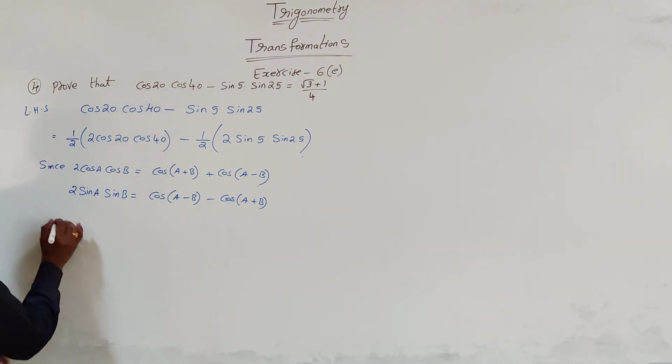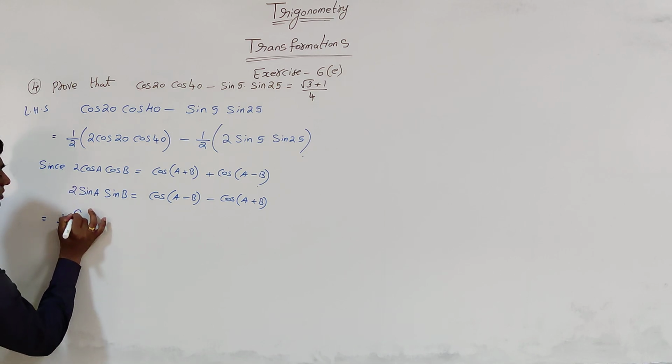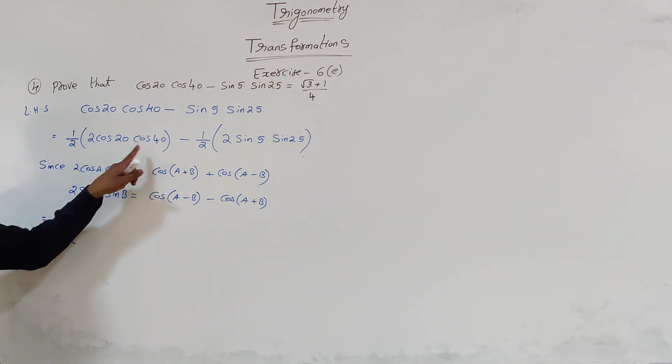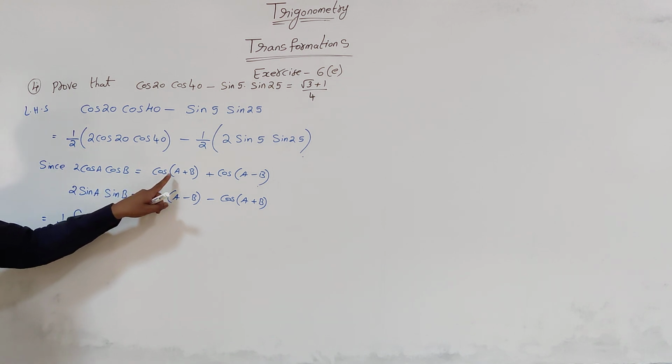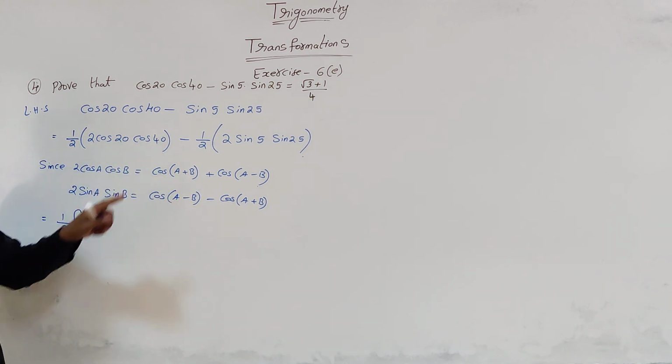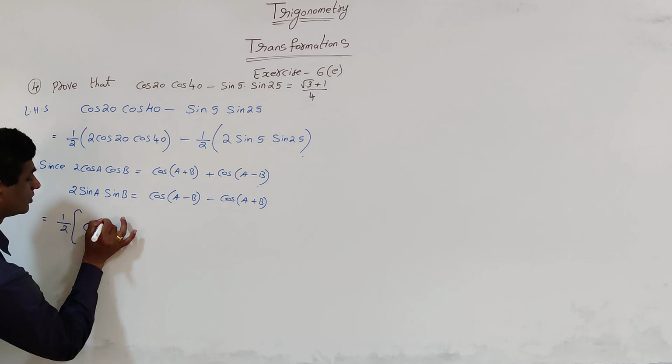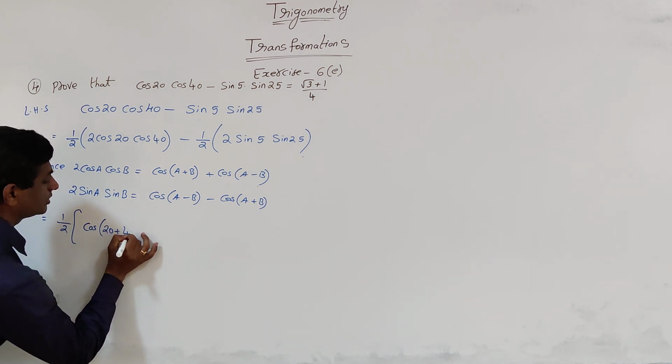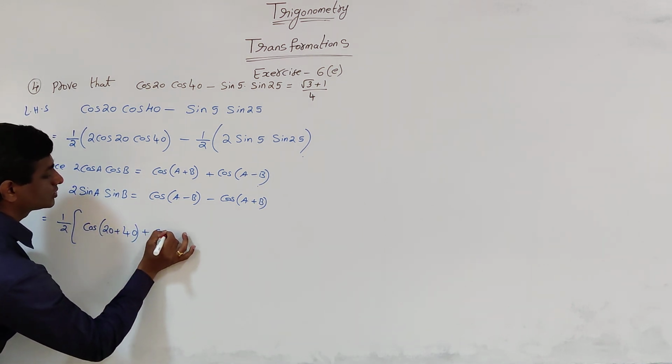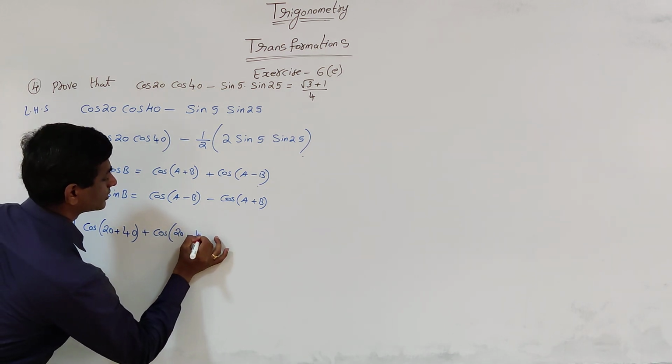Now we will rewrite 1 by 2 into 2 cos A cos B. What is A? 20 and B is 40. So it will be cos of (20 plus 40) plus cos of (20 minus 40).